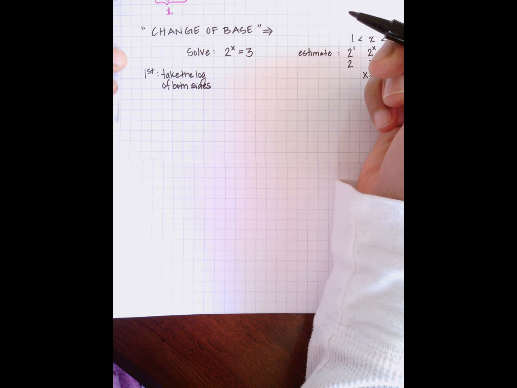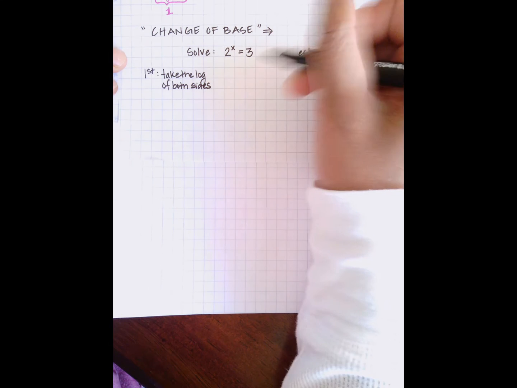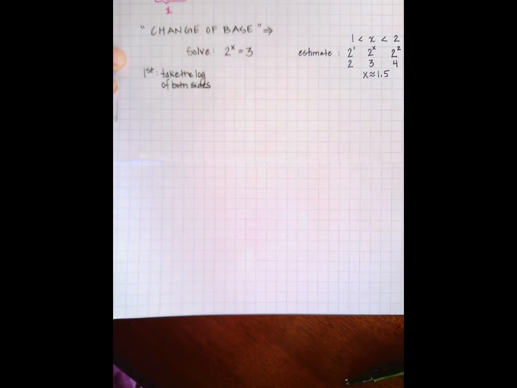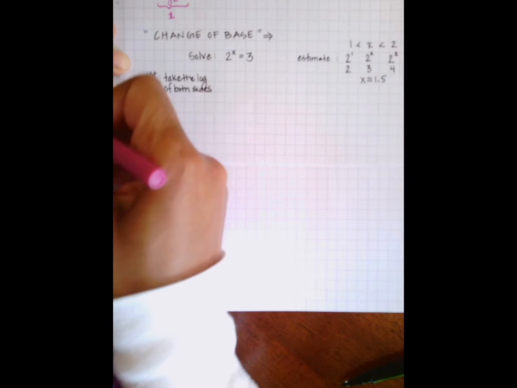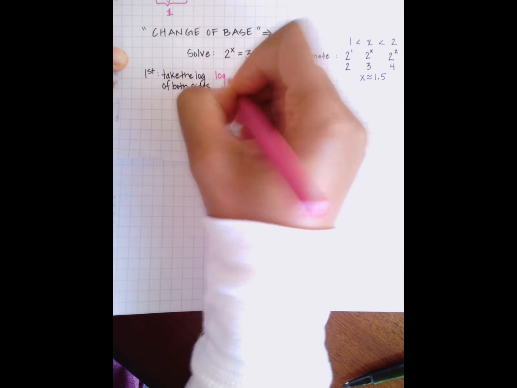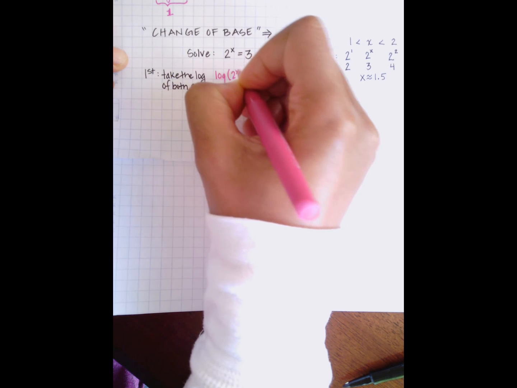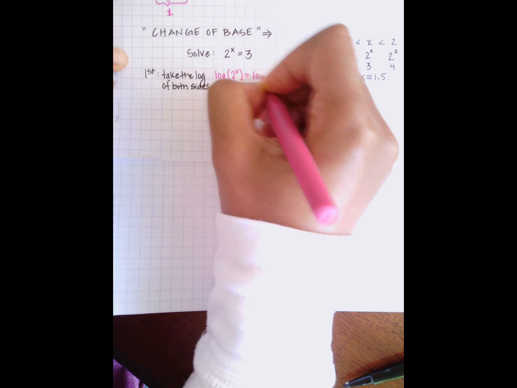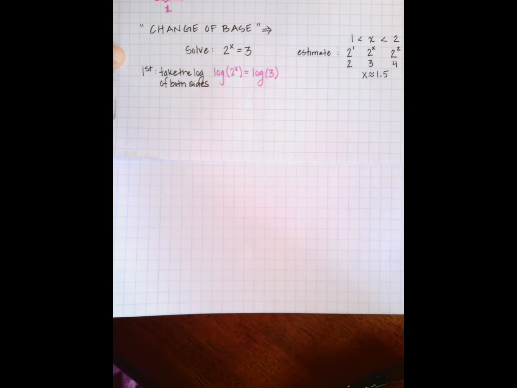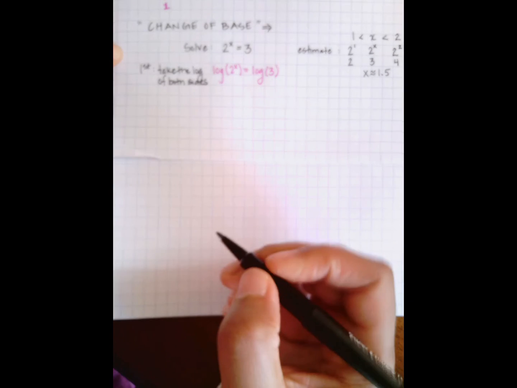If we had x squared equals 4, we could take the square root of both sides. Likewise, we could take the log of both sides. So if I take the log of both sides, that just becomes log of 2 to the x equaling log of 3. So all I've done is take the log of both sides.